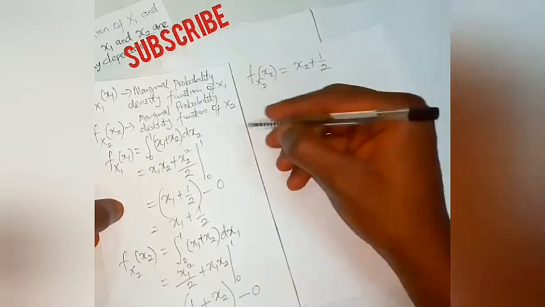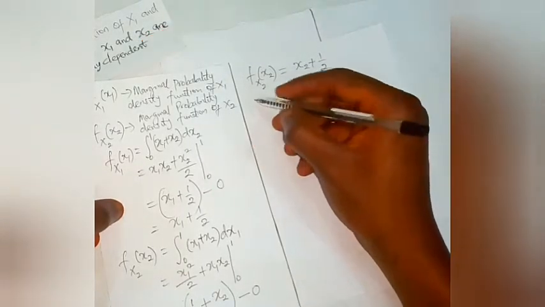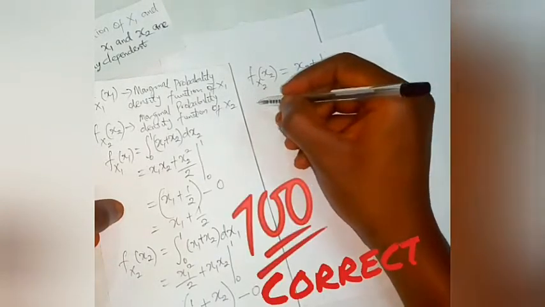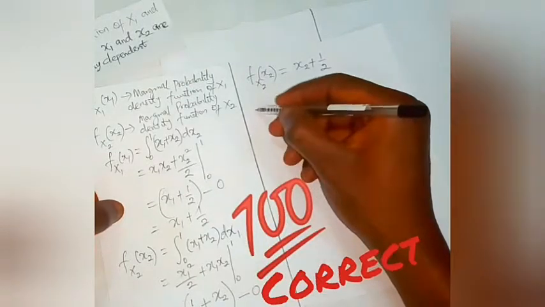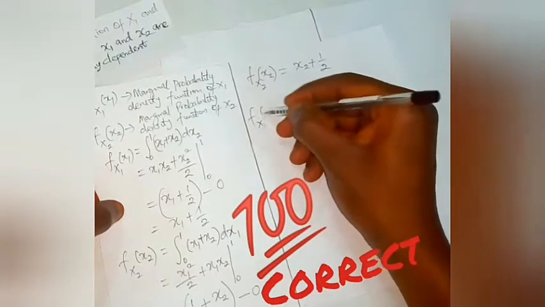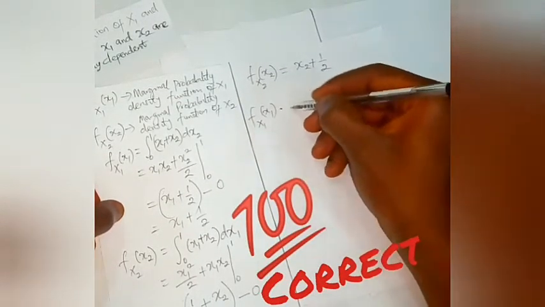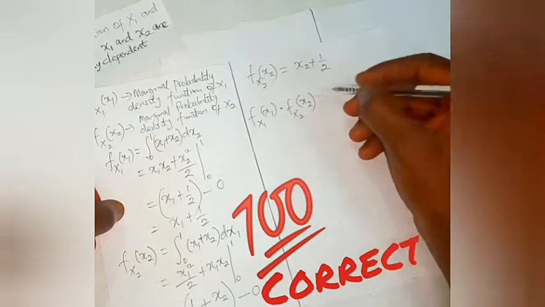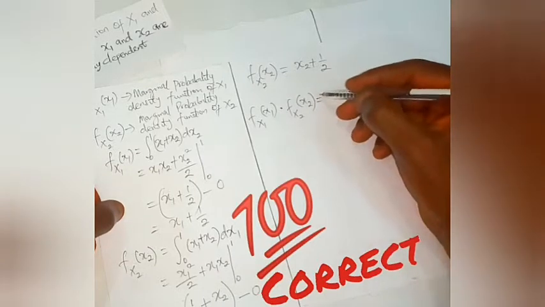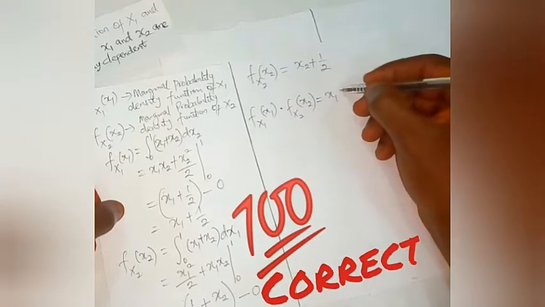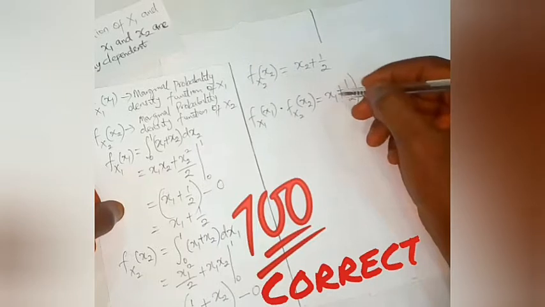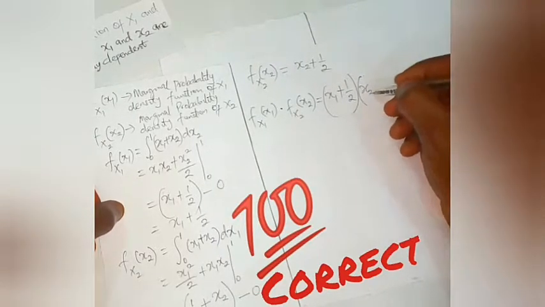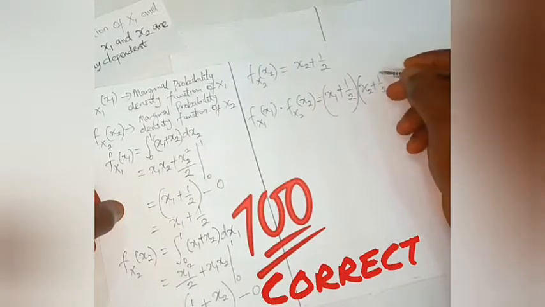Okay, so what will the product of these marginal probability density functions give us? Now the marginal of x1, f1 of x1, times f2 of x2, is equal to x1 plus 1 over 2 multiplied by x2 plus 1 over 2.